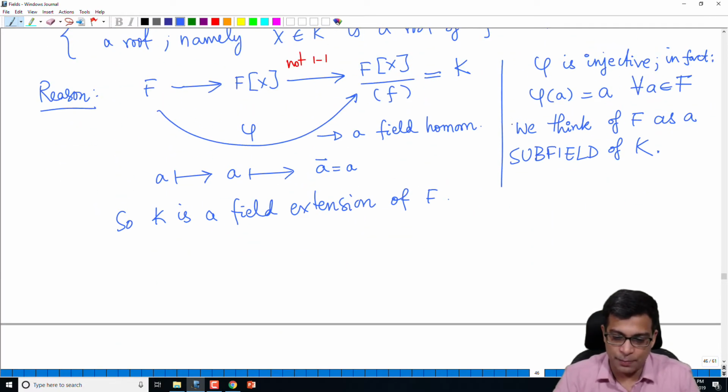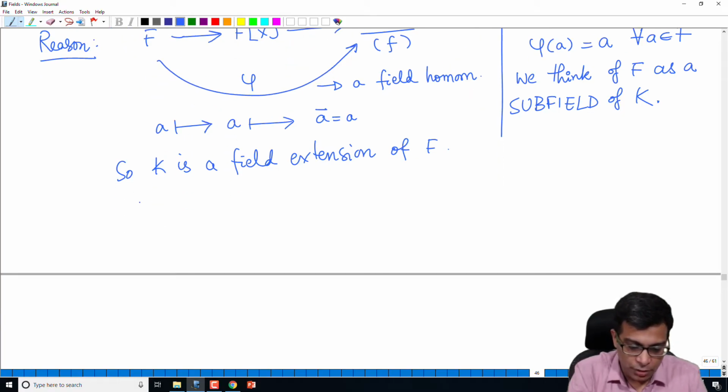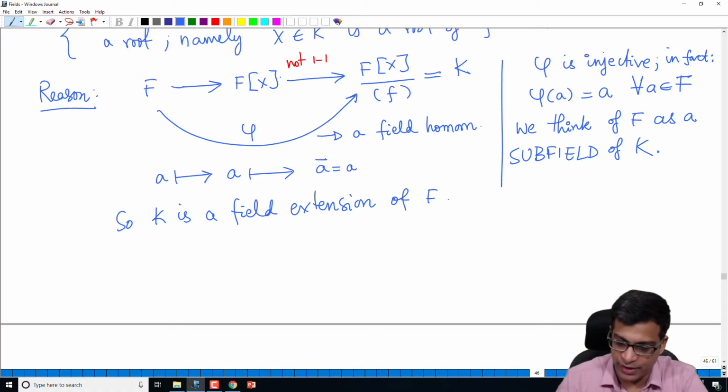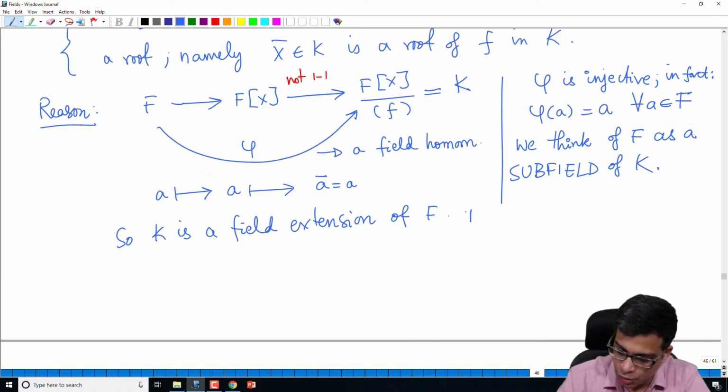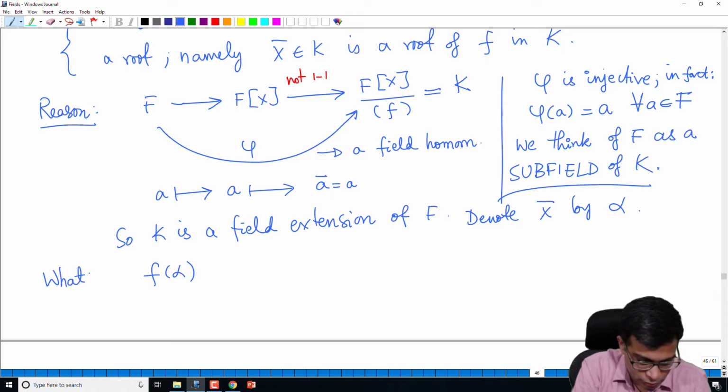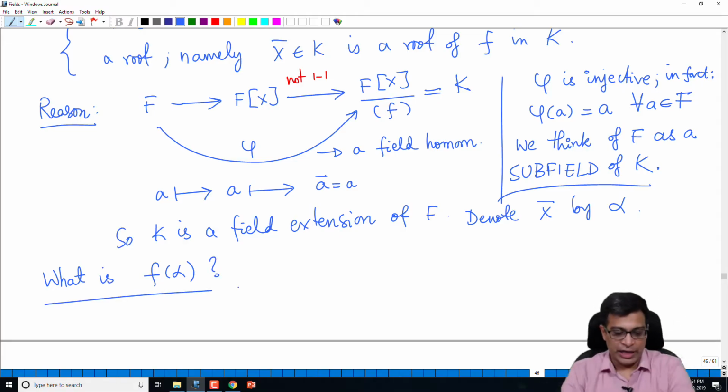Now what is x bar? Just to be more familiar to you, I'm going to think of the image of x as alpha. So denote x bar by alpha. So then what is f of alpha?